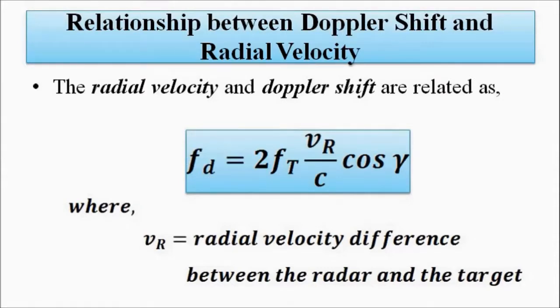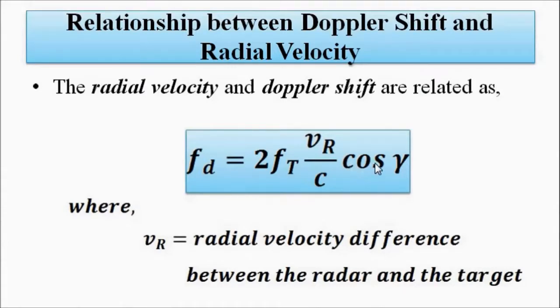The Doppler shift is given by this formula, which is Fd equals 2 Ft Vr by c cos gamma, where Ft is the frequency of the transmitted signal from the radar. Vr is the radial velocity component. C is the velocity of propagation of the electromagnetic wave in free space, which is generally 3 into 10 to the power 8 meters per second.